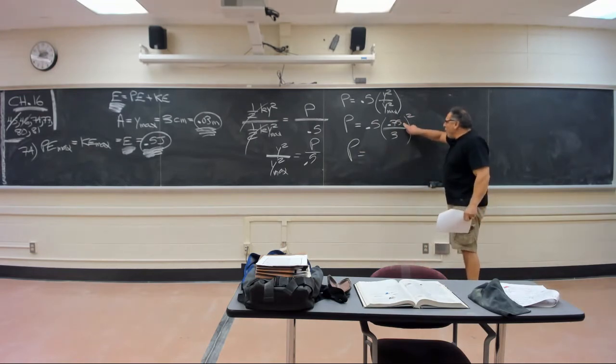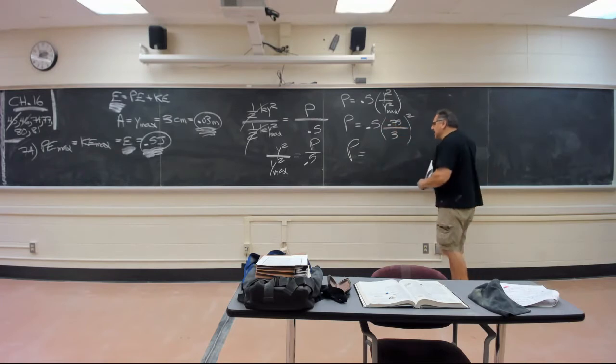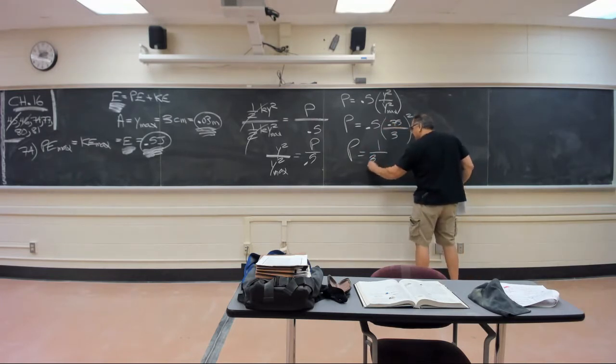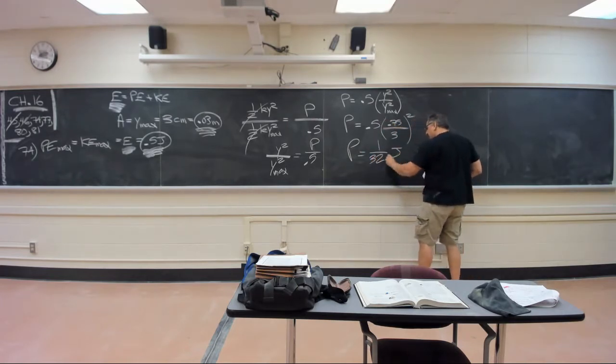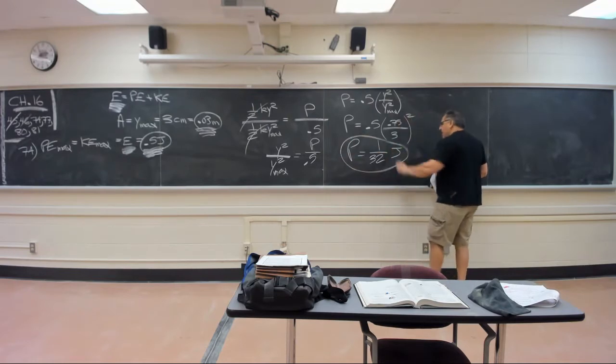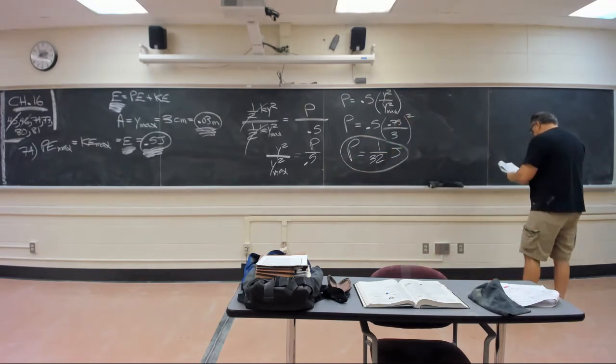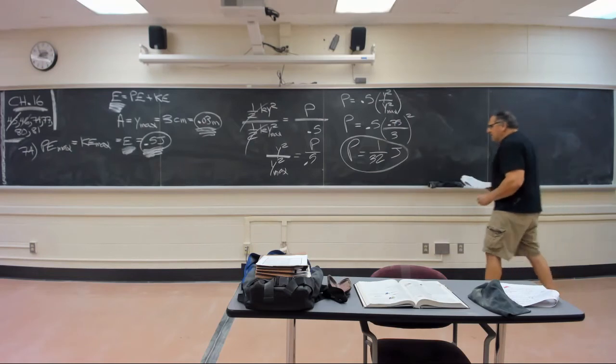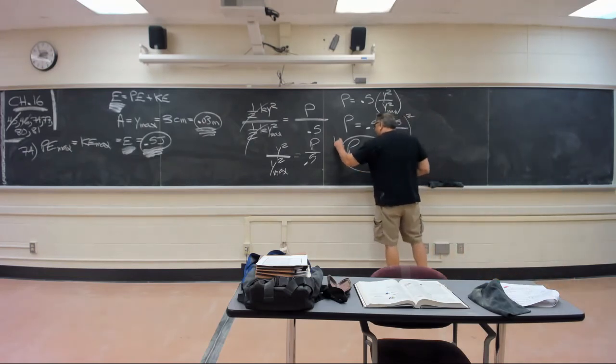That's 3 over 4. 0.75 is 3/4. 3/4 divided by 3 is 1/4. 1/4 squared is 1/16. Half of 1/16 is 1/32. 1/32 joules. We just answered B. And I'll get more into that in a second.